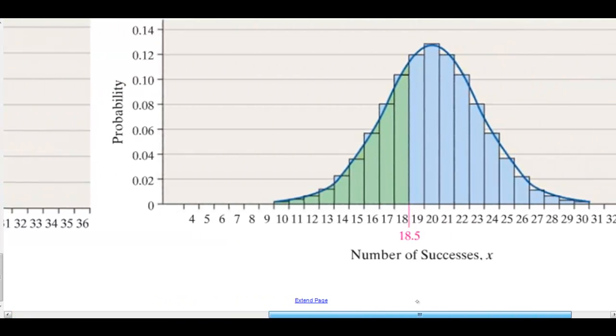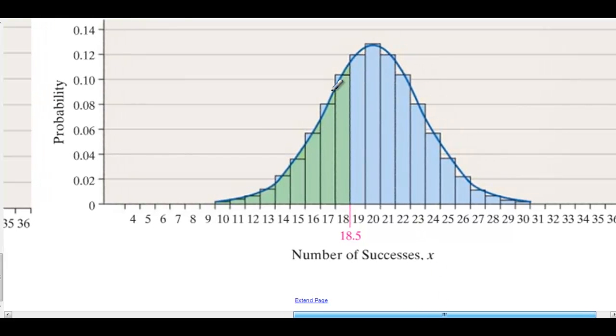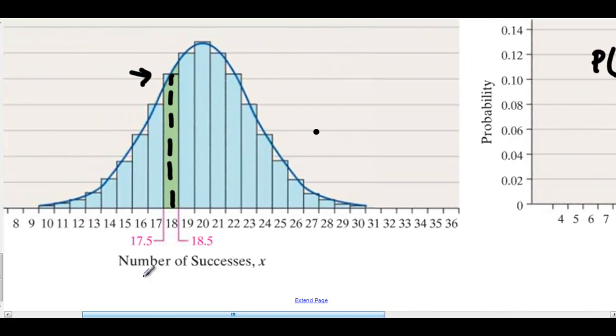All right, over here. So if we want to find the probability that x is less than or equal to 18. Again, whenever we were finding the 18 to begin with, we went from 17.5 to 18.5.